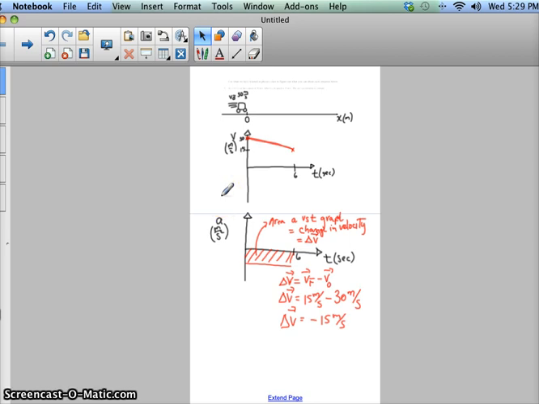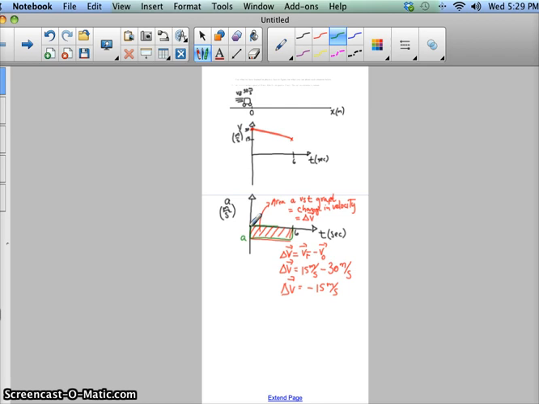And so this rectangle here, whatever this value is here, is our acceleration. But now I know that the area of that rectangle is negative 15 meters per second. I know the length of that rectangle is 6 seconds. So I think I can solve for acceleration, because 6 seconds times my acceleration has to be equal to my negative 15 meter per second change in velocity.